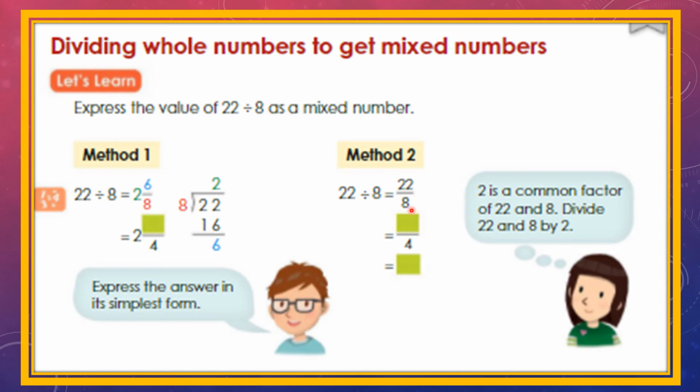And then 8 divided by 2 equals 4. So in simplest form, we divide 22 and 8 by 2, and we have now 11 over 4. What we'll do next is divide 11 by 4. So the final answer there will be 2 and 3/4. The same as method 1.